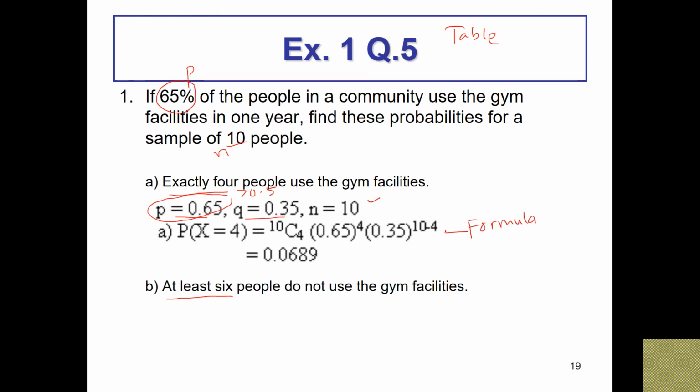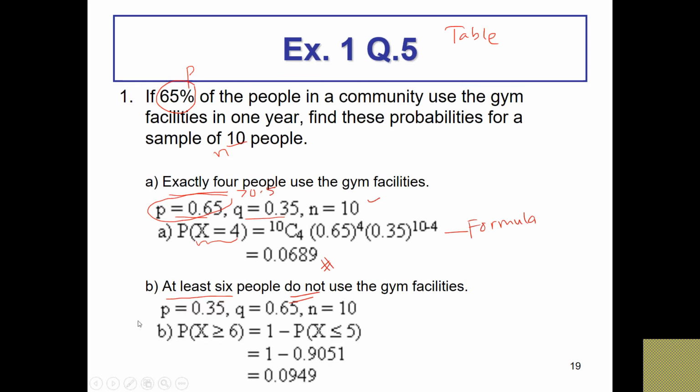Using the formula, you can find exactly 4 directly. Calculate, and then you should get this value here. Now, for question B, at least 6 people do not use the gym facilities. In this case, you need to change the P value. Because what you have here, initially 65% or 0.65, refers to people who use the gym, and now you want to find for people who do not use the gym.